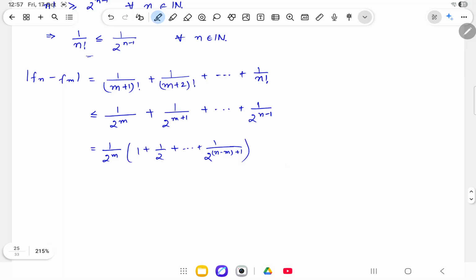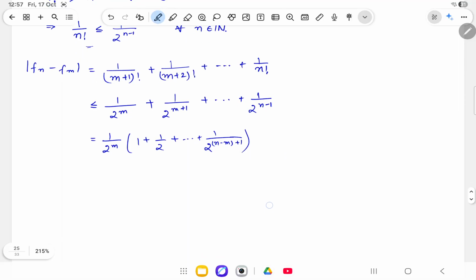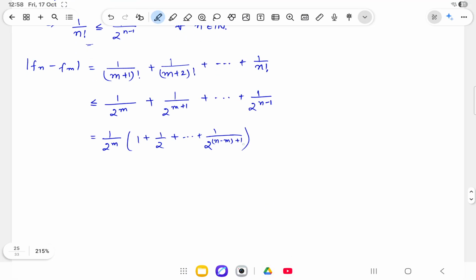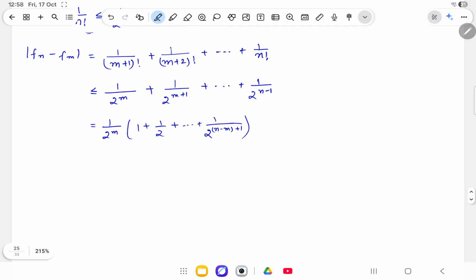If you observe, 1 by 2 is less than 1, so I can just use the sum of a geometric progression.